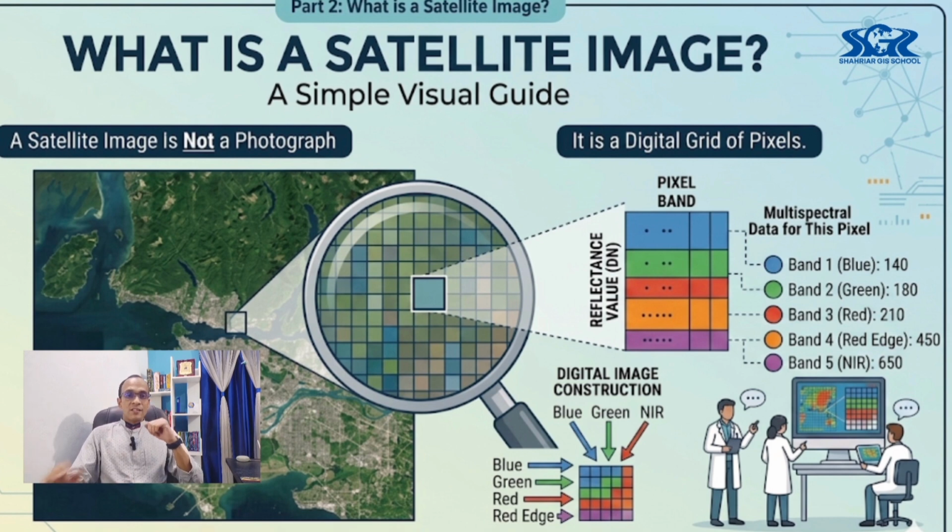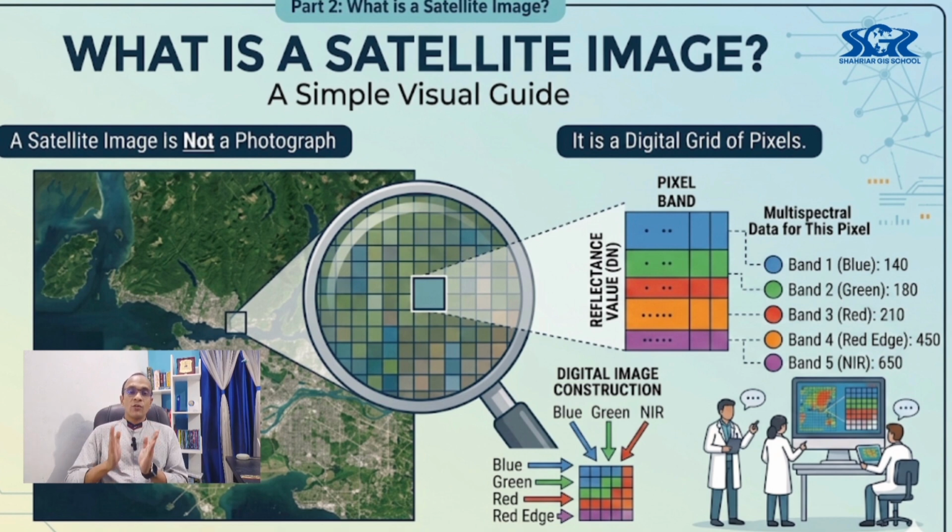The satellite does not just store a blended color. Instead, when the sensor passes overhead, it records the precise numerical value known as a digital number for multiple bands simultaneously. Let's look at how a modern sensor separates them.